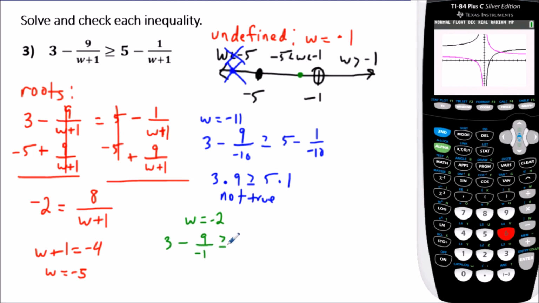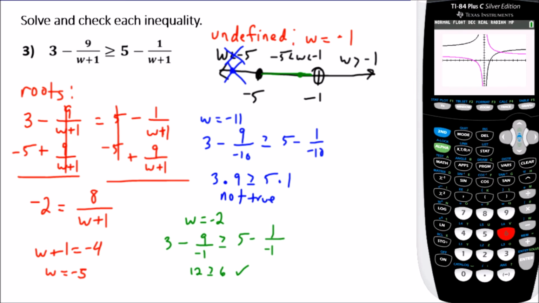And we want to see, is that greater than or equal to 5 minus 1 over -2 plus 1 is still -1. So now you got 3 plus 9 is 12, and is that greater than or equal to 5 plus 1, which is 6, and that is true. So we could go ahead and color in everything in between on this interval. So this is definitely part of our answer. This is not our answer necessarily, but it's part of our answer.